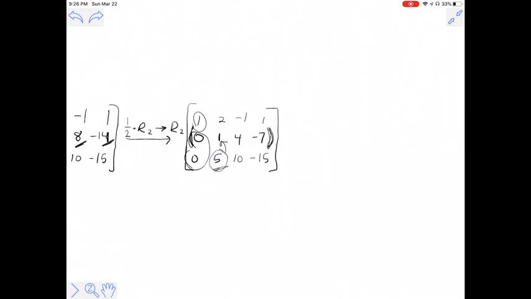So what I'm going to do is say negative 5 times row 2. That's going to multiply the whole row 2 by negative 5. And then I need to add that to row 3. And then that's going to make that a 0 right there. And then I want the 0 to be right there in row 3. So this row operation is going to make a new row 3.